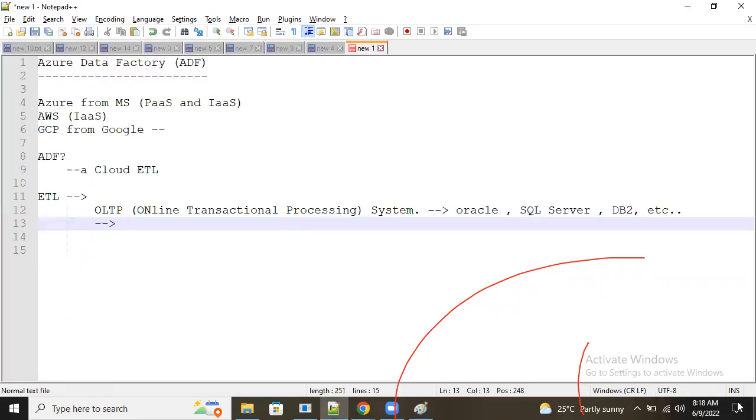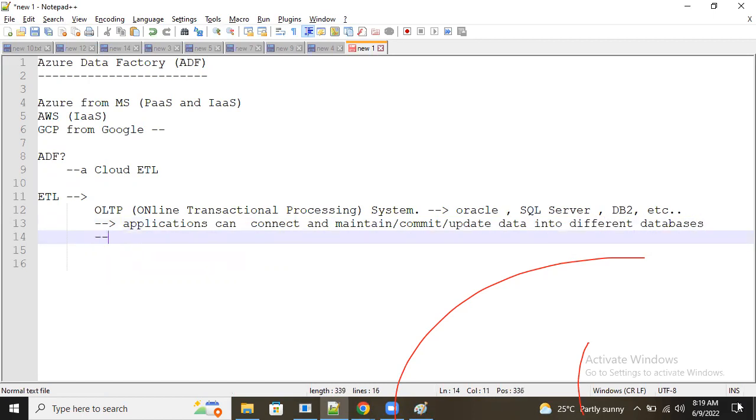And next, different applications can connect and commit or update the data into different databases. Second one, capacity.